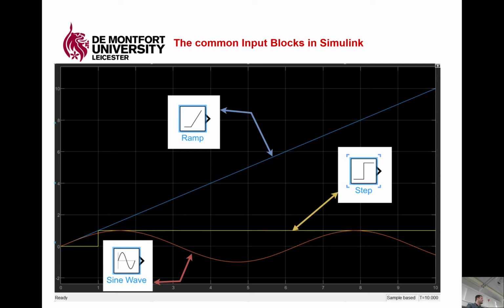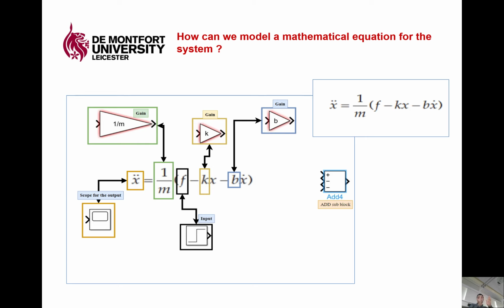So as I told you, we are doing model in the loop. We make mathematical equations and take these equations into the model in Simulink to do some tests and some simulation on it. For example, this one is a mathematical equation for a first order mass-damper-spring. A normal first order mass-damper-spring.